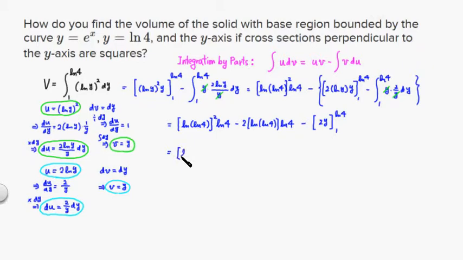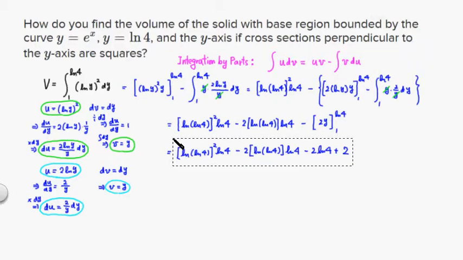So it's natural log of 4 squared times natural log of 4, minus 2 times natural log of 4 times natural log of 4, right, minus, plugging in 4, so it's 2 natural log of 4, with a negative sign, so it's going to be plus 2. And you can probably clean up a little bit, but essentially this is the volume.